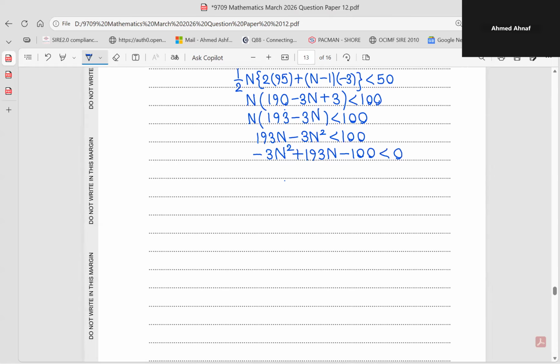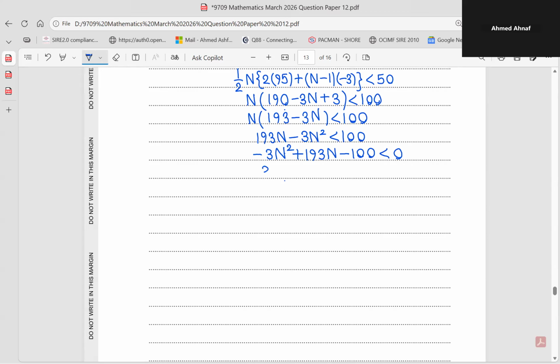Okay, so for me personally, I don't like it when the coefficient of my n squared term is a negative number. So I'm going to try to remove it by multiplying or dividing both sides by a negative number. Okay, I'm just going to divide both sides by -1.